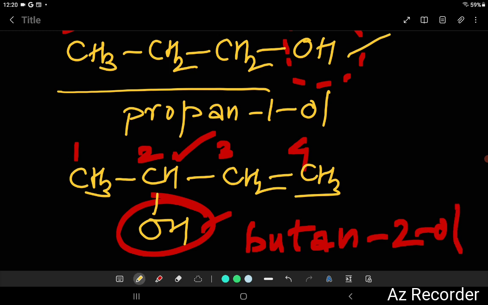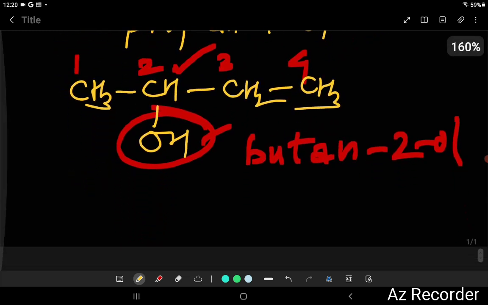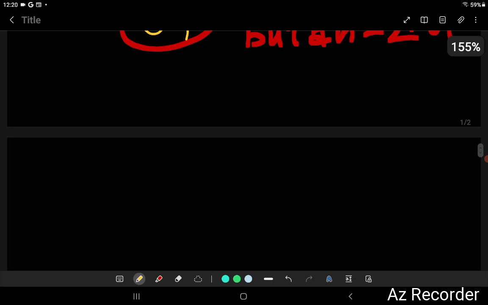Now we are moving towards the next type of functional group. The next functional group is aldehyde.